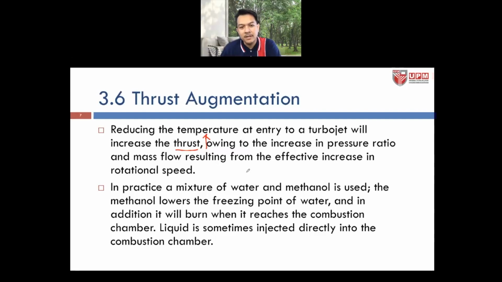In practice, a mixture of water and methanol is used, where the methanol lowers the freezing point of water, and in addition, it will burn when it reaches the combustion chamber. Liquid is sometimes injected directly into the combustion chamber.